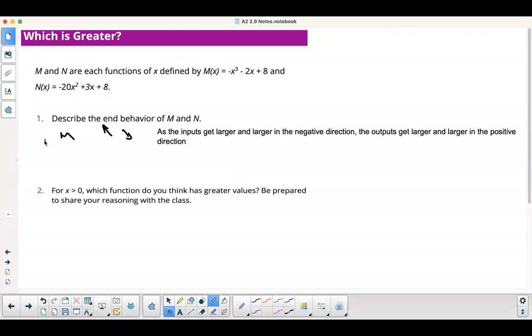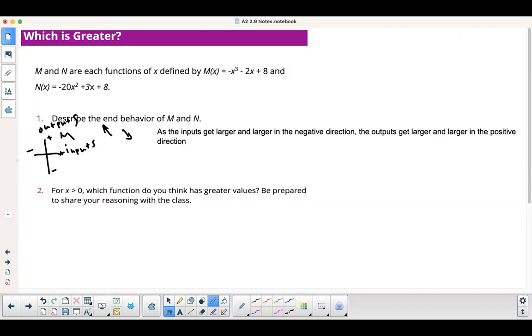Here's your X, here's your Y. Your Y are the outputs, and positives this way, negatives this way. The X are the inputs. And again, positive to the right, negative to the left. So as the inputs get larger and larger in the negative, the outputs get larger and larger in the positive.